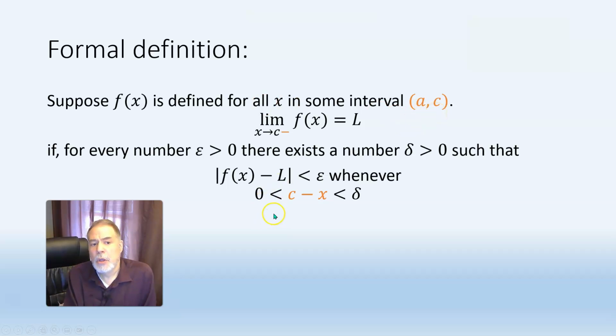And then we would want the absolute value of f of x minus L to be less than epsilon whenever x was less than c, so c minus x being greater than 0. If x is less than c, then c is greater than x, and c minus x is greater than 0, but it's still less than delta.